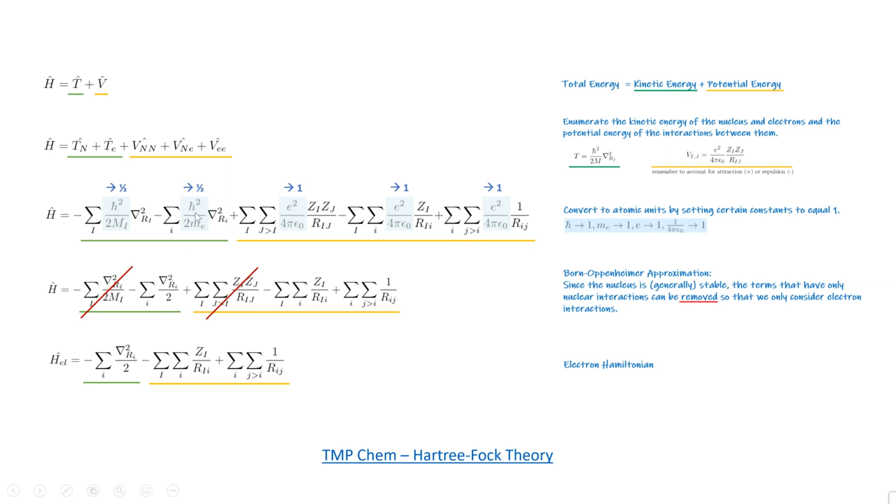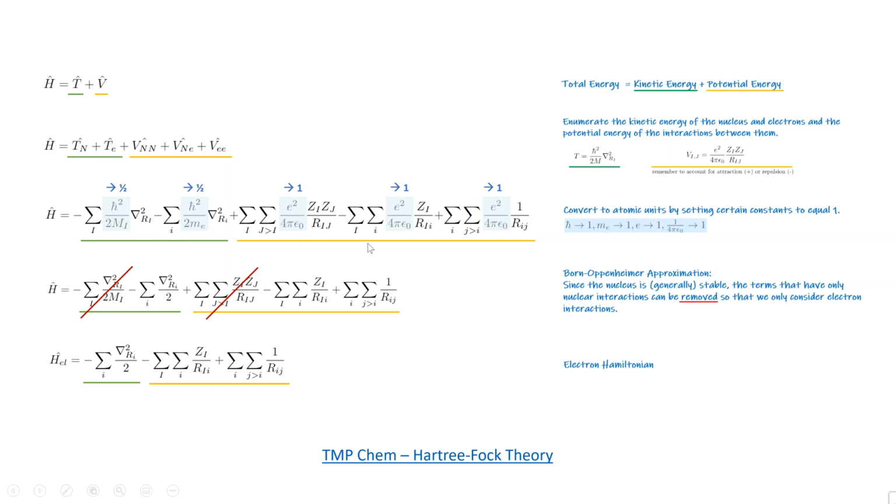Basically we're taking the mass of the nucleons and electrons to be constant, so we don't really need to account for them in each of the summations. As well as the charge, all these constants we're just simplifying to keep the math cleaner. That's what we're doing in this step.